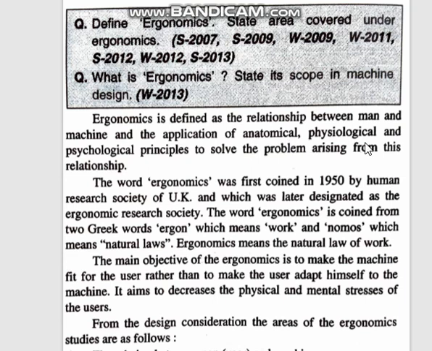Physiological means Sharira Shastra, that means how the body functions. And psychological principles, that means Manas Shastra, the psychology of human beings. Some things he may like, some things may please him, some things make him angry, like that. Such things are all psychological.